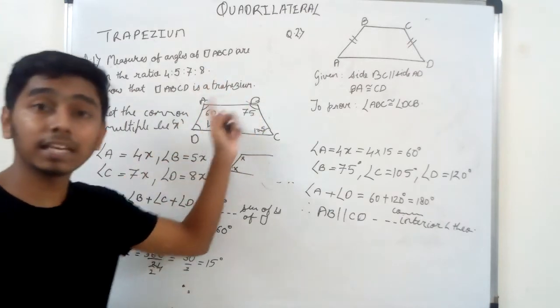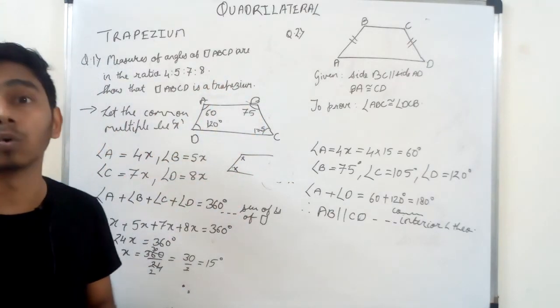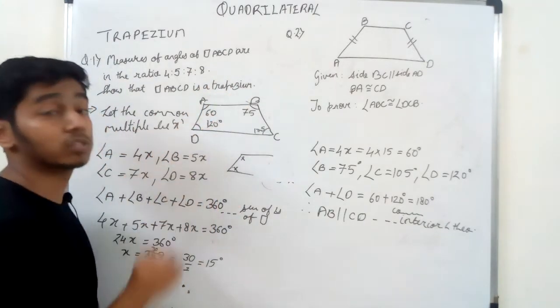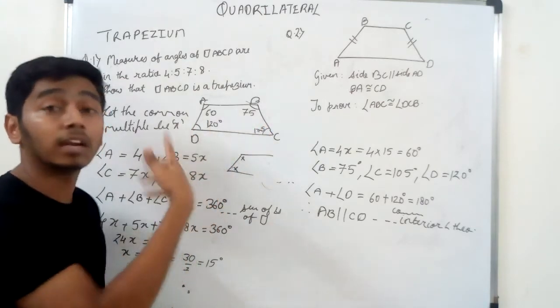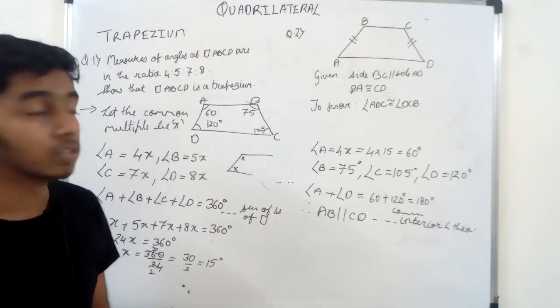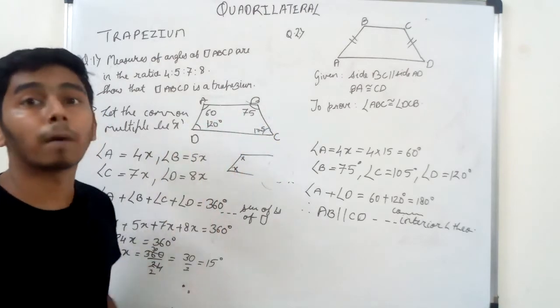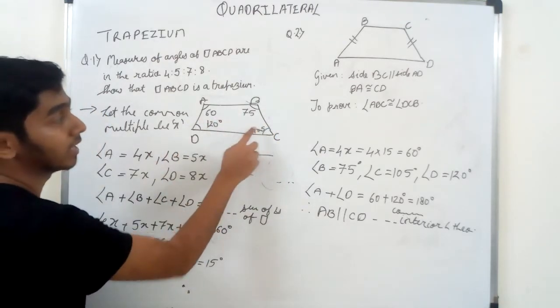Now can we say that this is a trapezium now? No. Why? Let's check the other two sides also. If they are parallel, then it will become a parallelogram. So we have to show that these two are not parallel. So let's add 120 and 105.